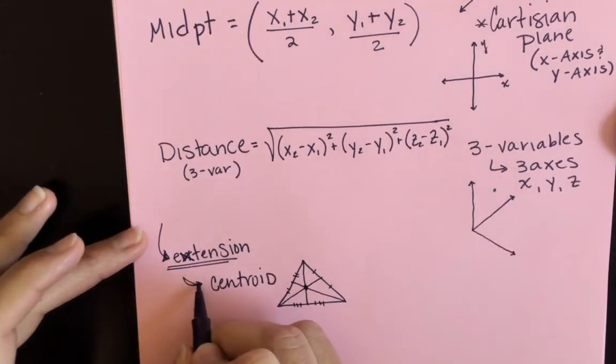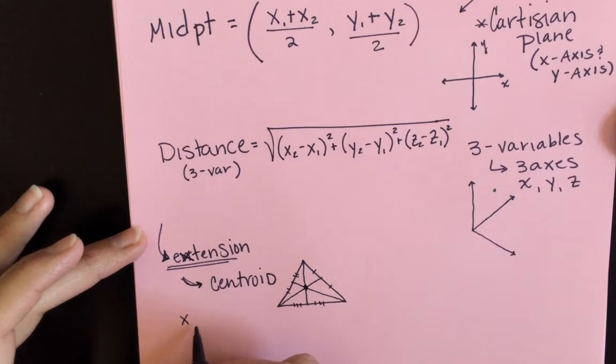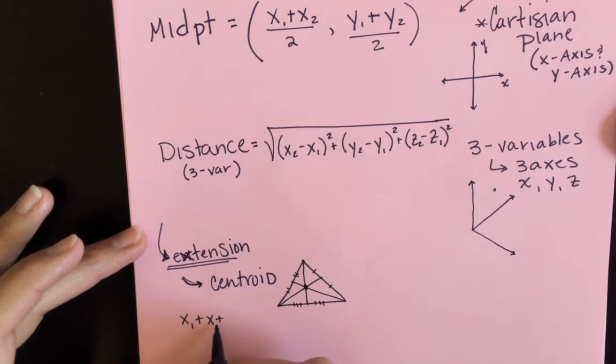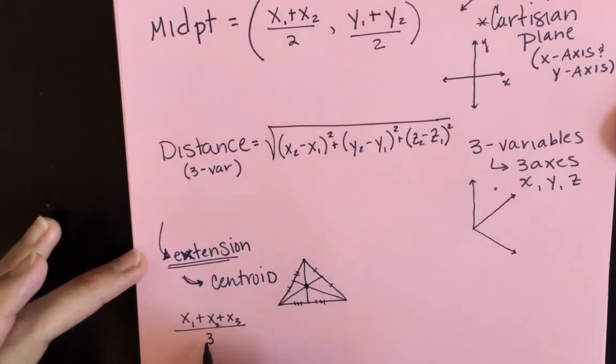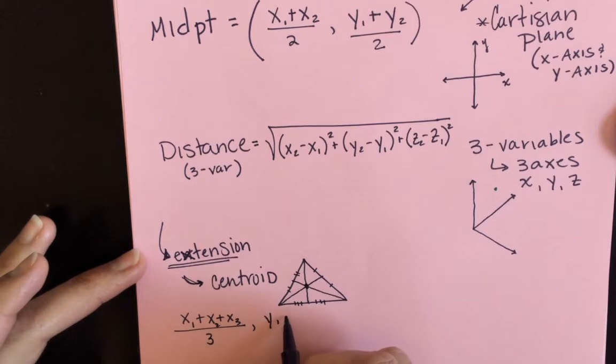And our centroid then had something where it was x1 plus x2 plus x3. So it wasn't that we had three variables.